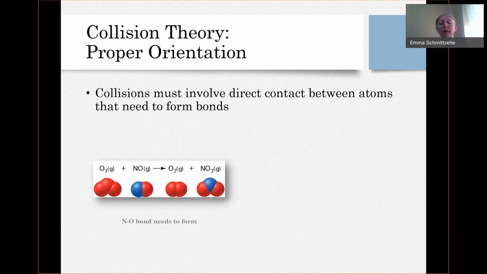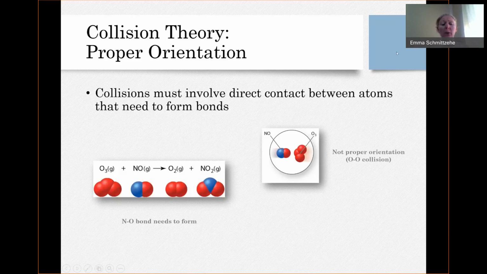And so if we think about some possible collisions between O3 and NO, you could have it collide to where the oxygen of the NO molecule reacts with the O3. But if that happens, then you're putting an oxygen in contact with another oxygen. But we don't need to form another OO bond.